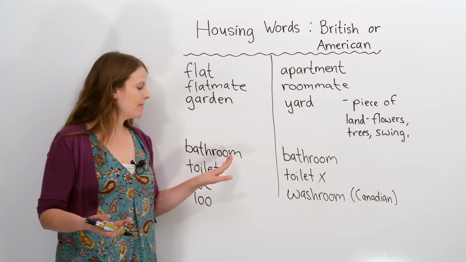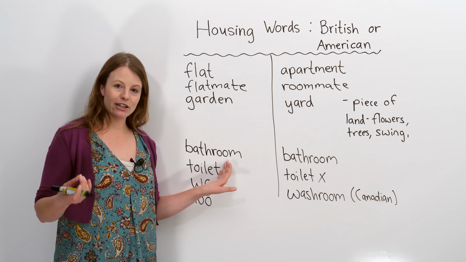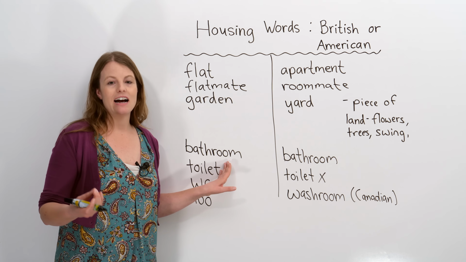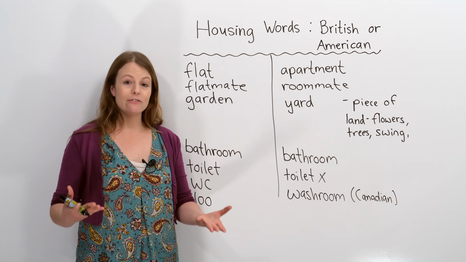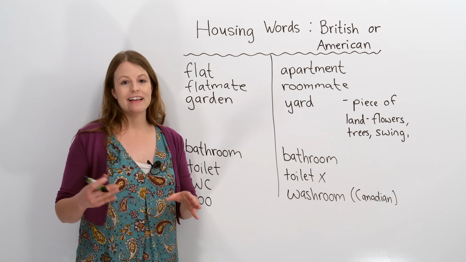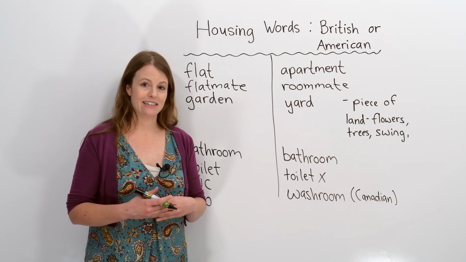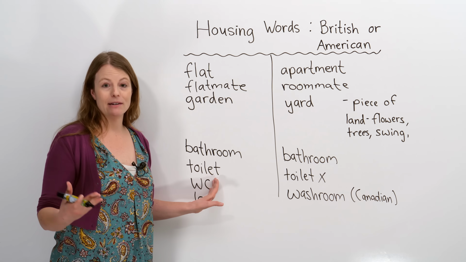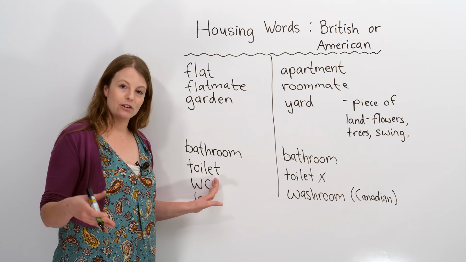This is different from British English. In British English, a bathroom has a bathtub in it, and we use different words for rooms that don't have a bathtub in it. So for example, you might use the word toilet when you're talking about the room where you use the toilet.